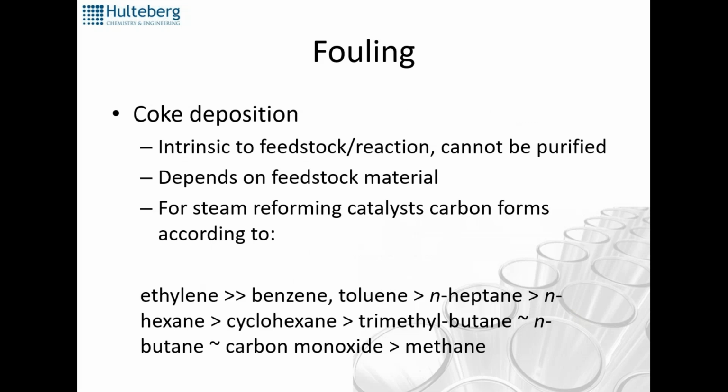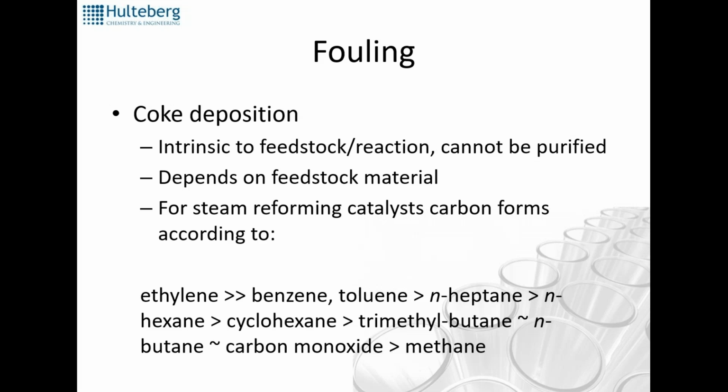Looking at the first one, coke deposition, it's something that you can't purify away. You can't remove it upstream like you can with the other type, the ash deposition type of fouling. It's really dependent on what the feedstock material is. The stability of the starting molecule strongly influences how severe coking will be.